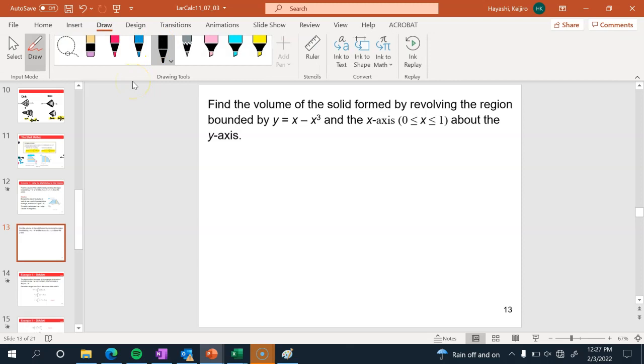Y equals x minus x cubed, so that's, if you factor in an x, that's 1 minus x squared.